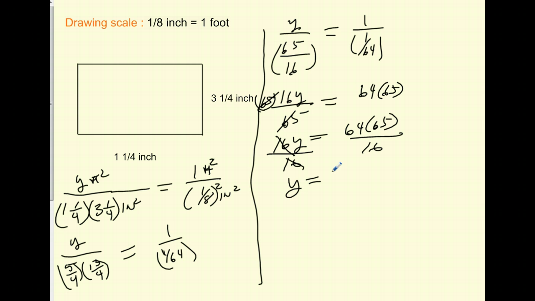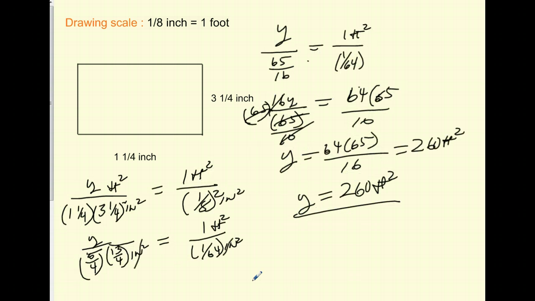So y is equal to 64 times 65 divided by 16. Break out your trusty calculator again: 64 times 65 divided by 16 is equal to 260 square feet.